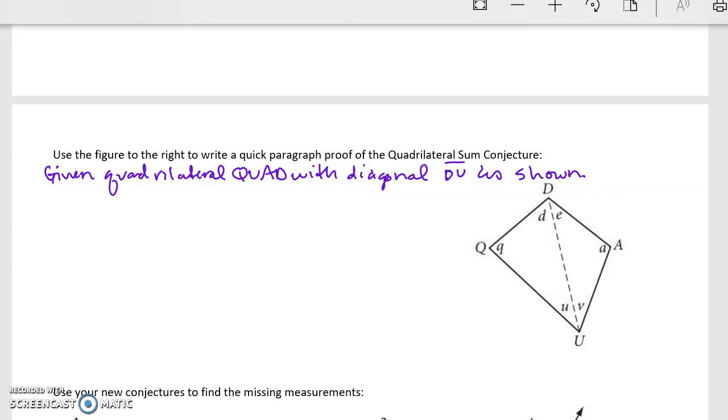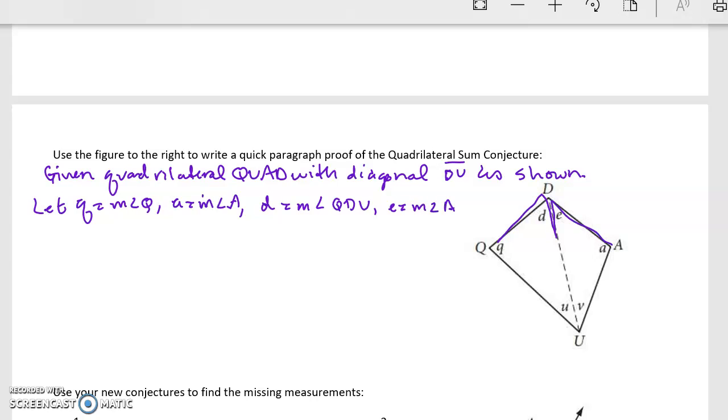Okay, so we're going to let Q equal measure of angle Q, A equal measure of angle A, D equal measure of angle QDU, E equal measure of angle ADU, U equal measure of angle QUD, and V equal measure of angle AUD.